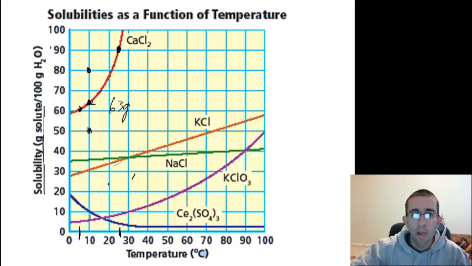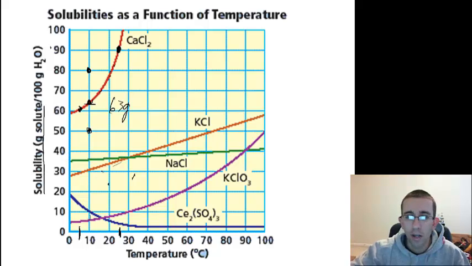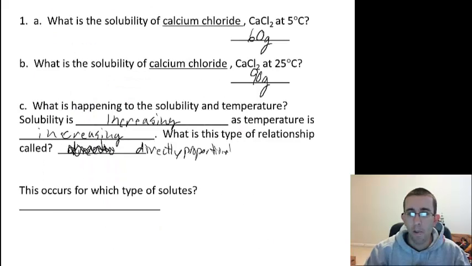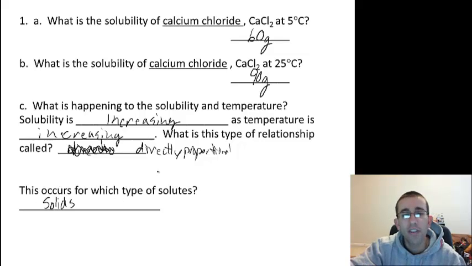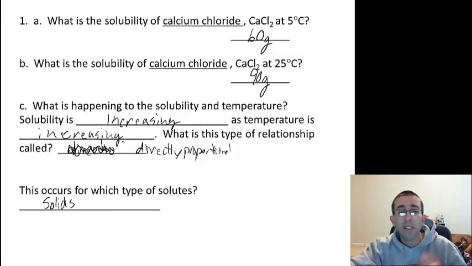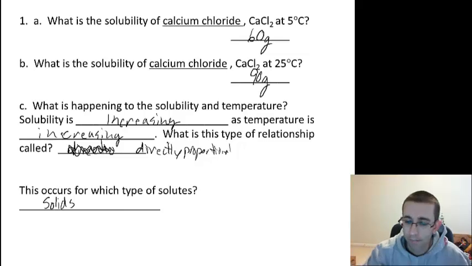You'll see as temperature goes up, the solubility of calcium chloride goes up. As temperature goes up, sodium chloride goes up, and potassium chloride, and potassium chlorate. So you're seeing all these going up. And this occurs for solids. When you dissolve a solid into a solution, the more you increase the temperature, the more it will dissolve.